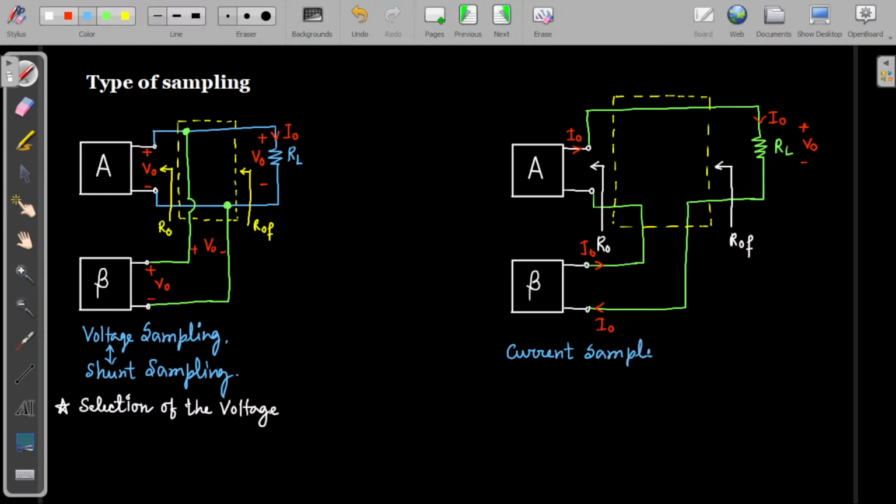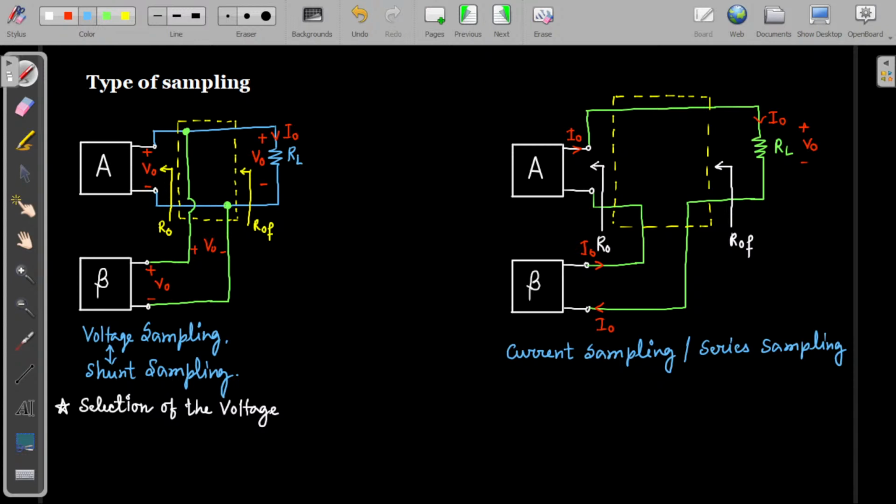Sometimes this current sampling is also called series sampling. दोनों same चीज है. Both of them are same. So series sampling.